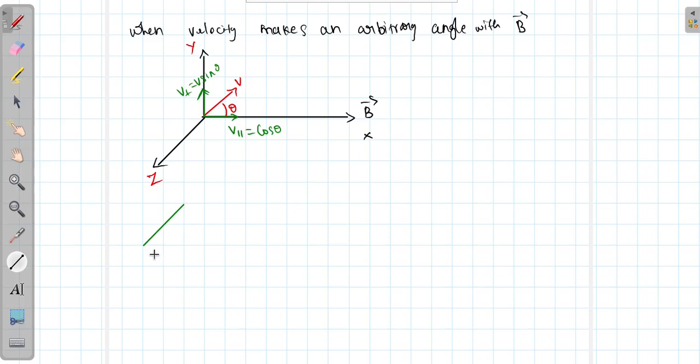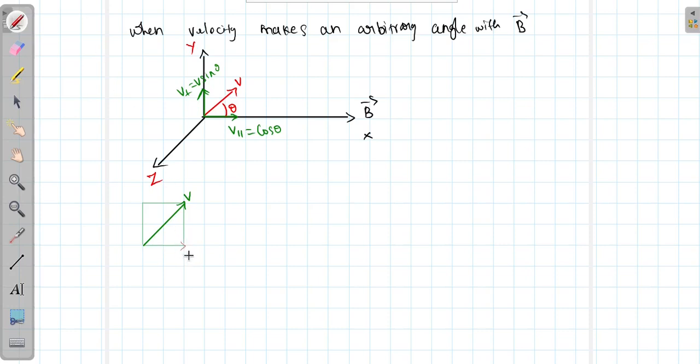This one is the actual vector, the V vector. It is nothing but the hypotenuse of the right angle triangle. This one is your adjacent side, and this one is your opposite side. That is why we call this a rectangular component.